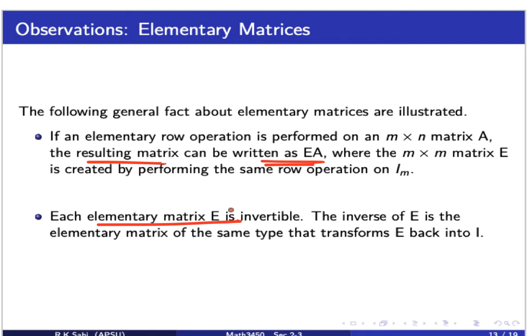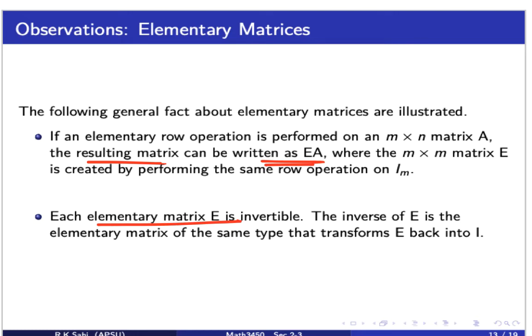And the inverse of that matrix is the elementary matrix of the same type, which will transform the elementary matrix E into I. So in other words, if I interchange two rows of an elementary matrix, and I again re-interchange those rows, I get back the original matrix.